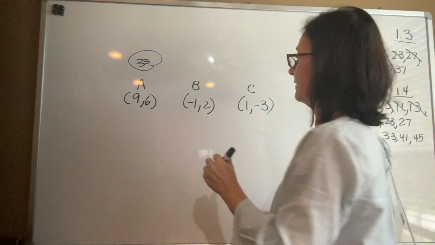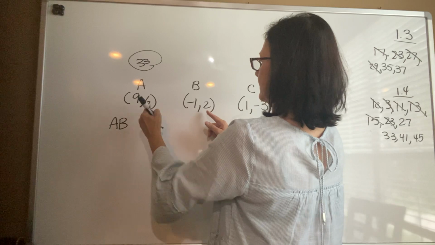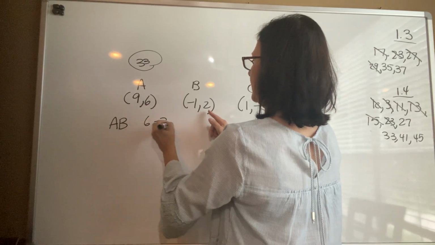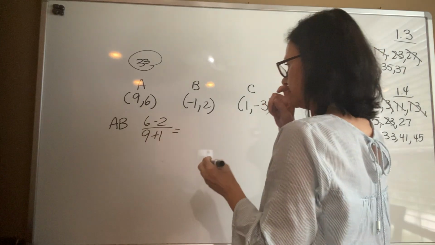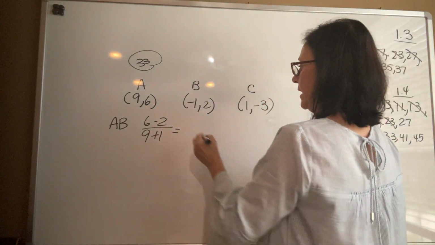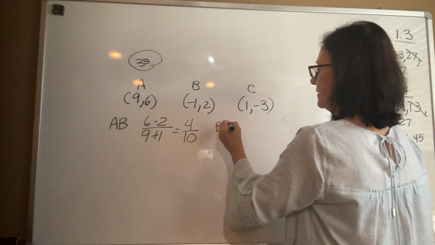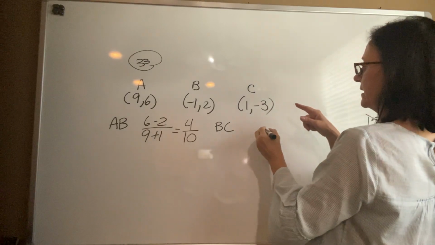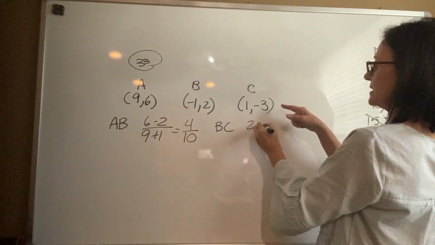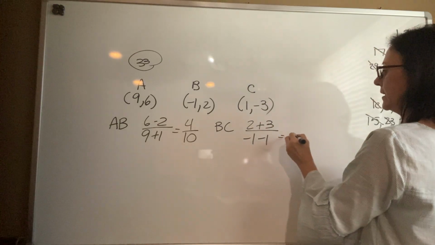So their slopes would be negative inverses. All right, so we'll look at AB. 6 minus 2 over 9 minus -1. So that's 4/10. All right, now we'll look at BC. BC is 2 minus -3, which is +3, over -1 minus 1.